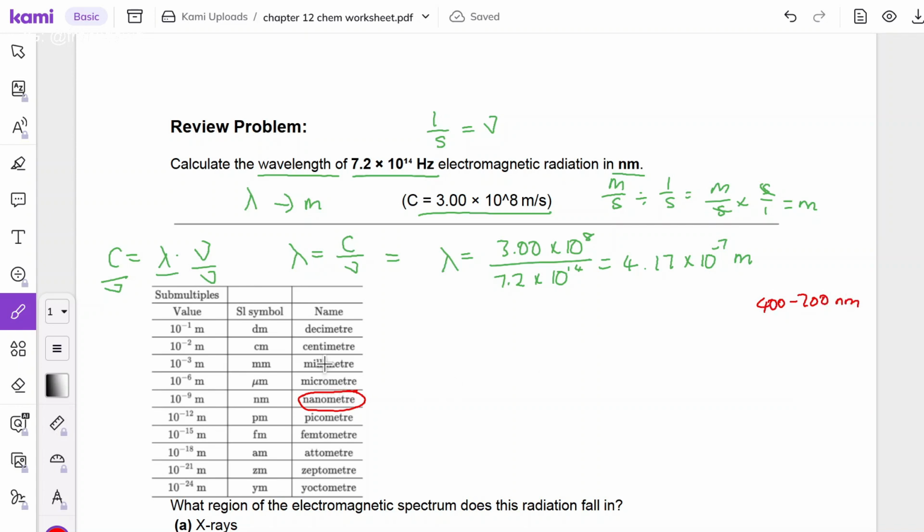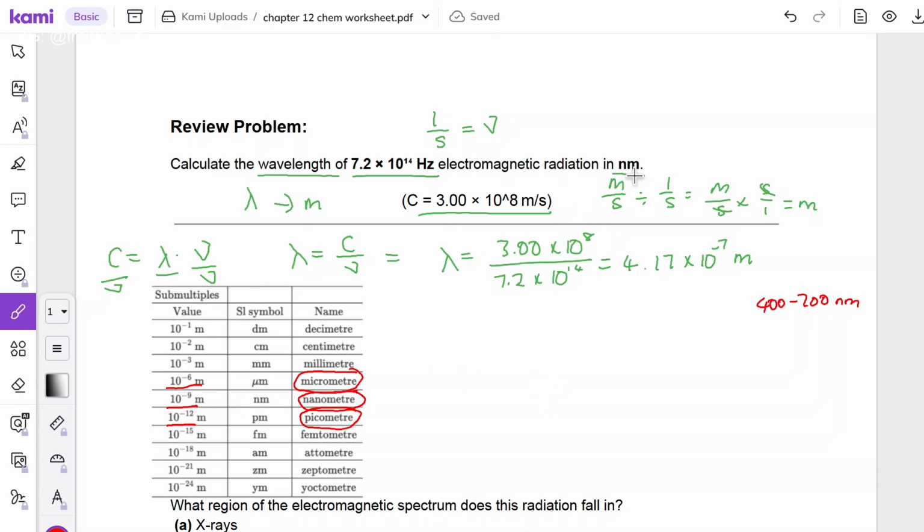So that's going to come up a lot. Also micrometers, I've seen that too, and picometers. These are the three most used units that you're going to have to associate: 10 to the negative 6 with micro, 10 to the negative 9 with nano, and 10 to the negative 12 with pico.